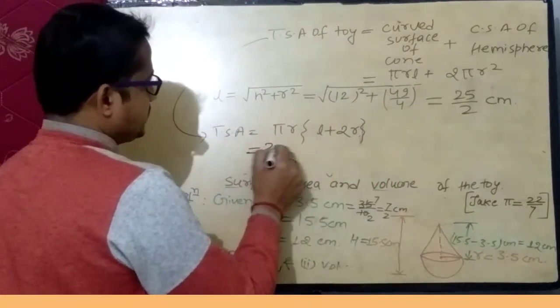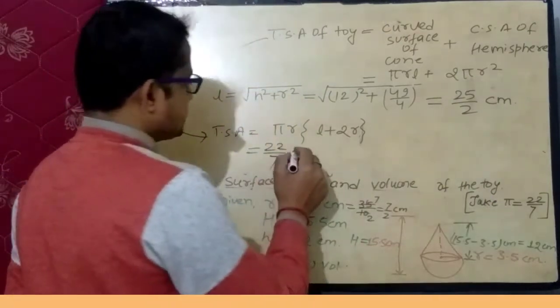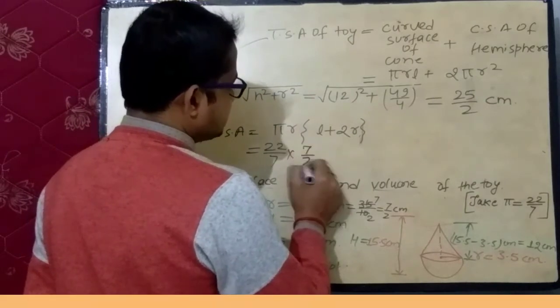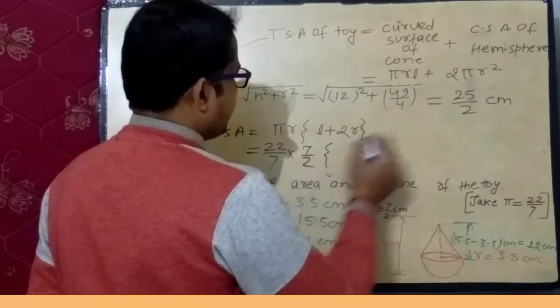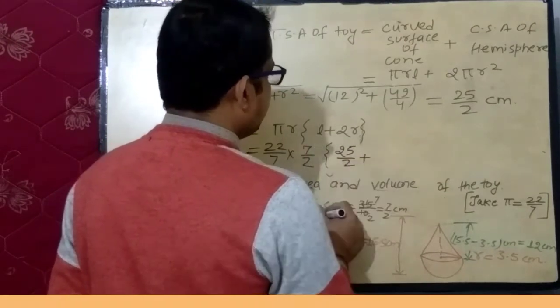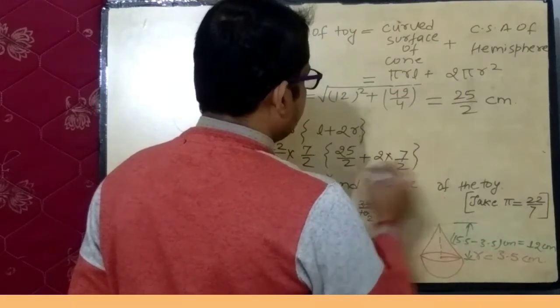Put respective values. It is given that pi you have to consider 22 upon 7 and R equals 3.5, that is 7 upon 2, bracket L equals 25 upon 2, add 2 into R equals 7 upon 2.